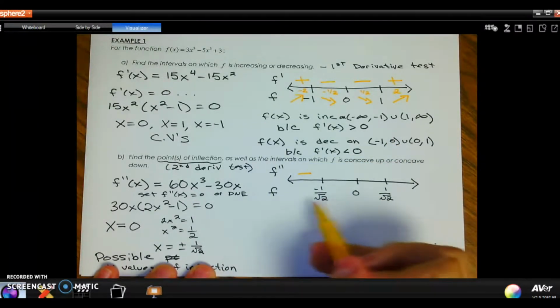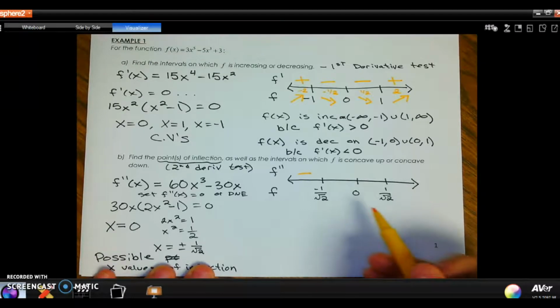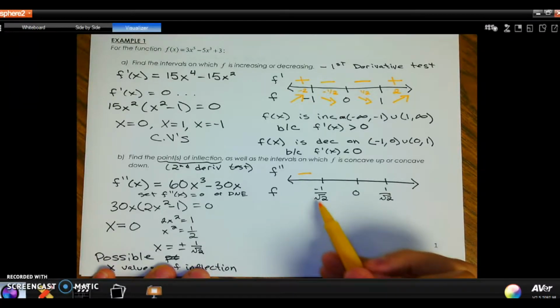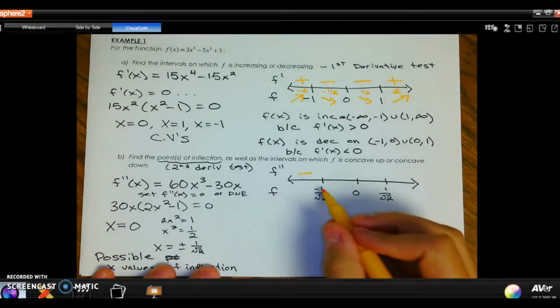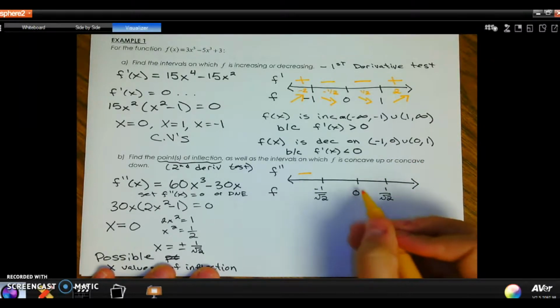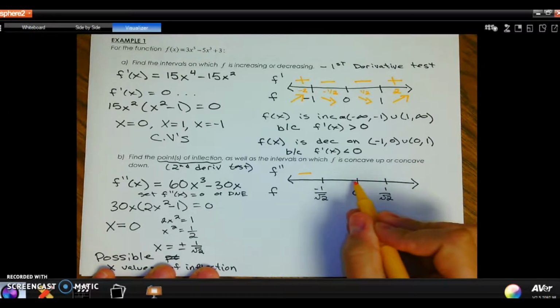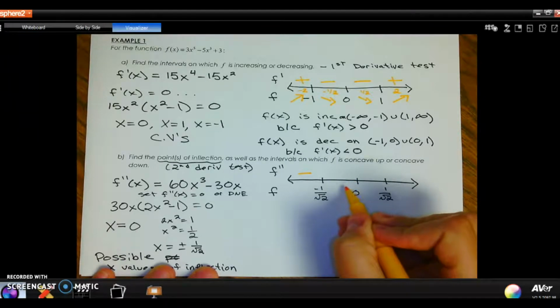And then when I plug in a number in between there, you have to be careful. You might need to know your square root of 2, that it's going to be less than 2 and bigger than 1. So 1 divided by that, you're going to have a negative. So maybe you pick something really, really tiny, like a negative 0.01.